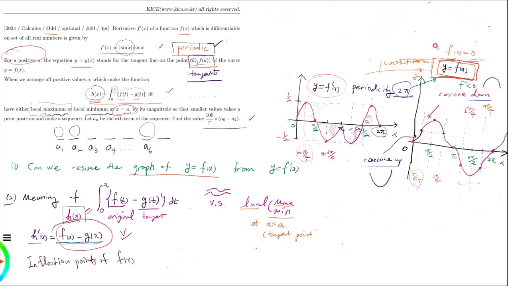Let's focus on the graph here. Inflection points appear here, and then here, pi over 4, 3 times pi over 4, and then here, pi.